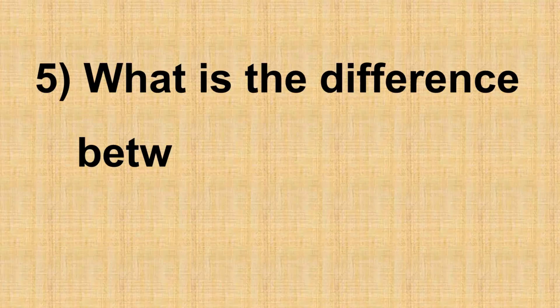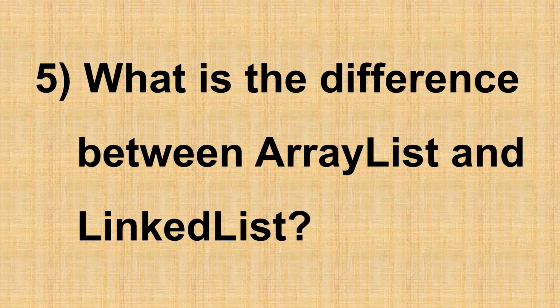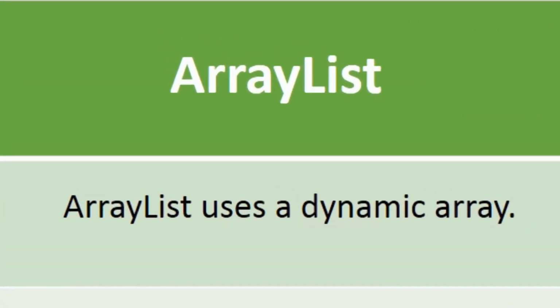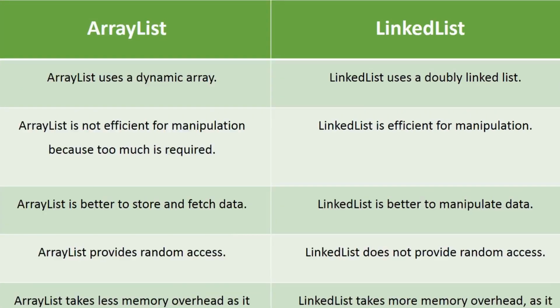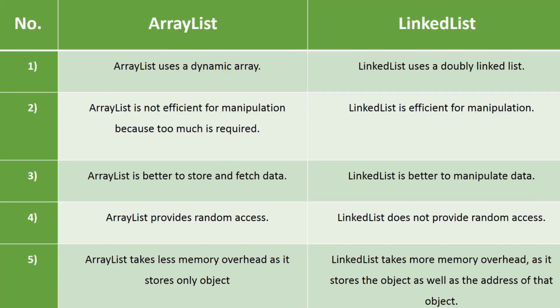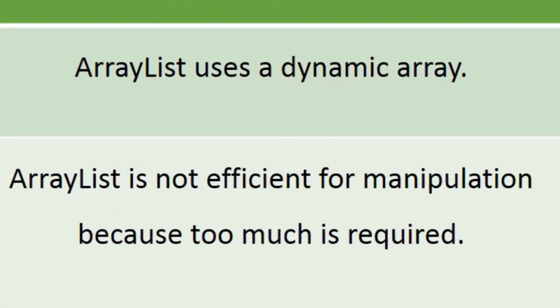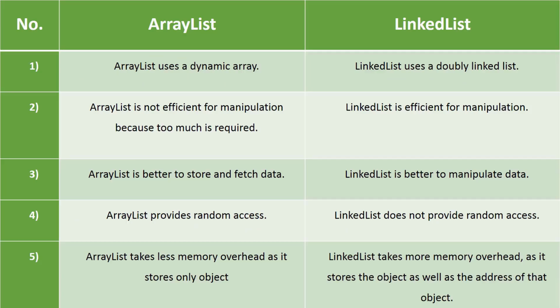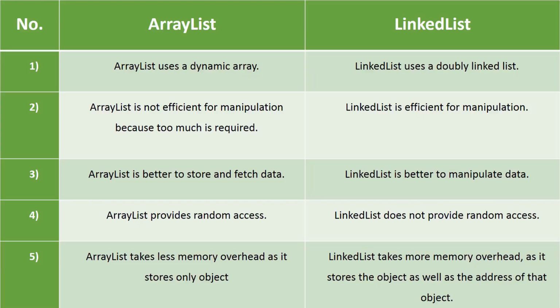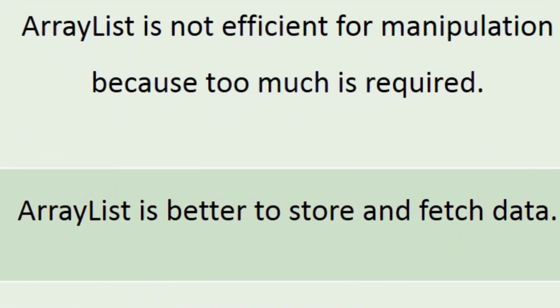What is the difference between ArrayList and linked list? ArrayList uses a dynamic array. Linked list uses a doubly linked list. ArrayList is not efficient for manipulation because too much shifting is required. Linked list is efficient for manipulation. ArrayList is better to store and fetch data.